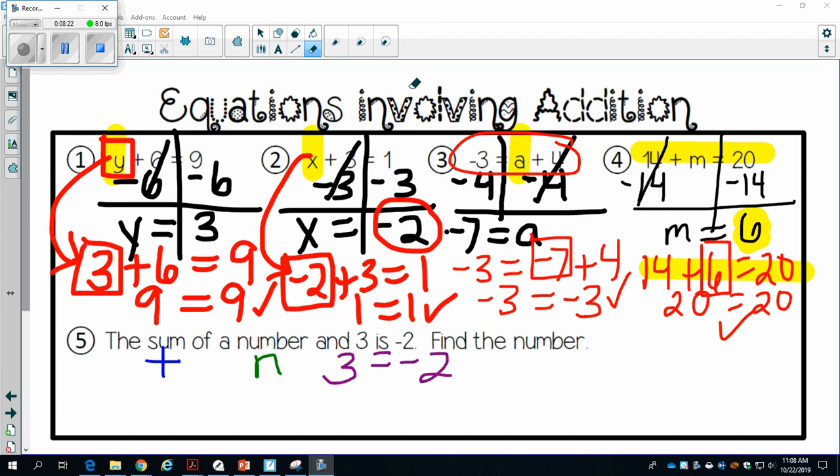We know it's the sum, so I'm going to take my plus sign. What am I adding? I'm adding n and 3. That's the sum. And together, they're equal to negative 2. So now we've written our equation: n plus 3, the sum of a number and 3, is negative 2.